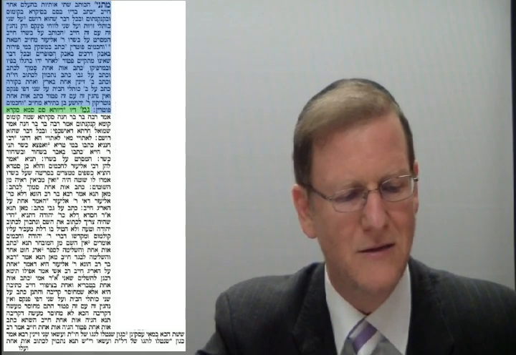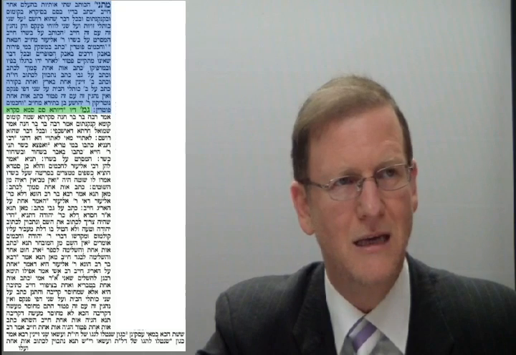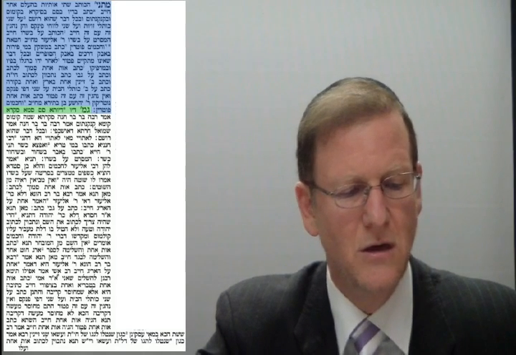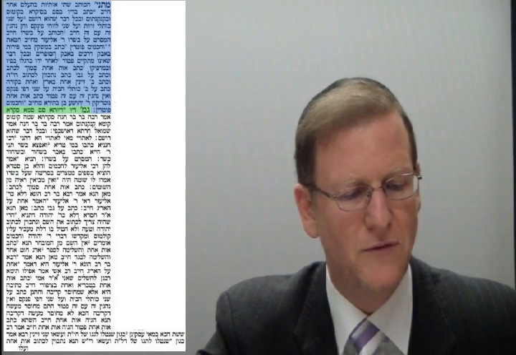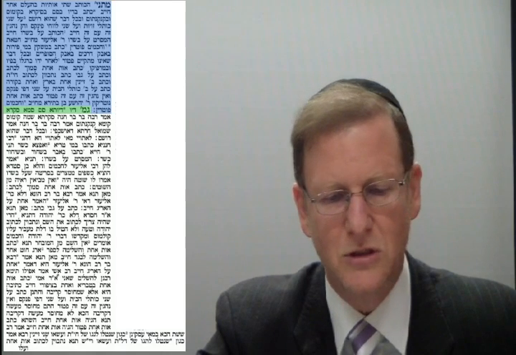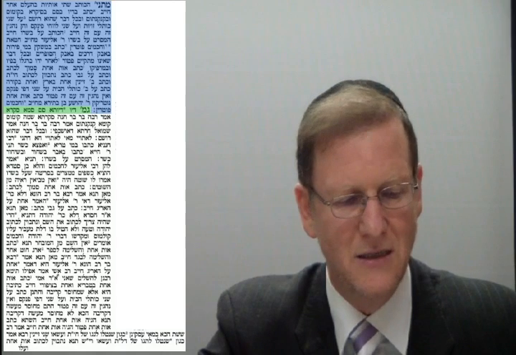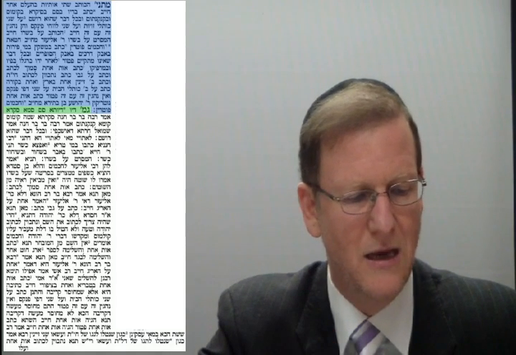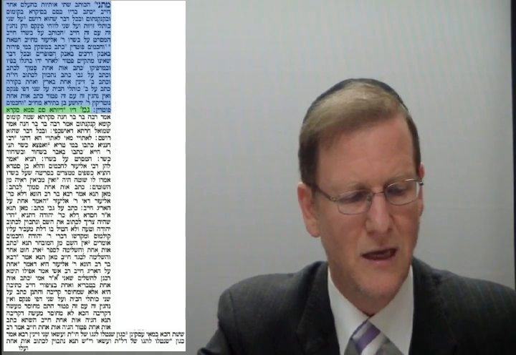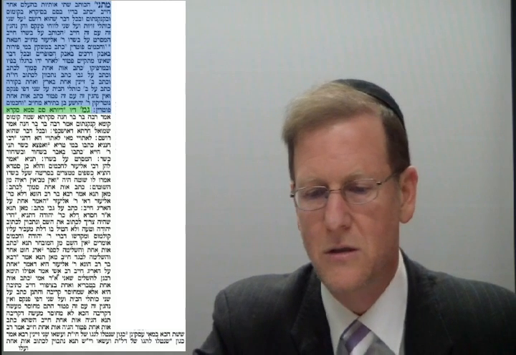If someone writes a get, a bill of divorce, in the juice of the fruit called tarya, which most probably produces some type of writing, but it's still a juice, like gallnut juice, they said it's still valid.